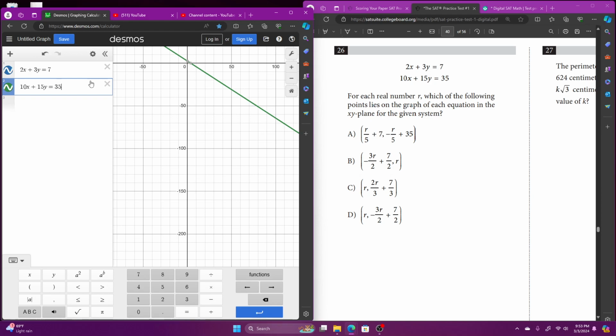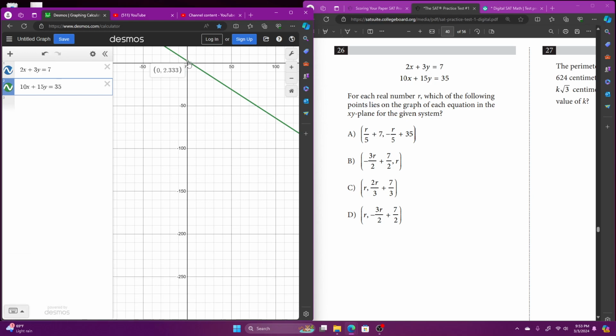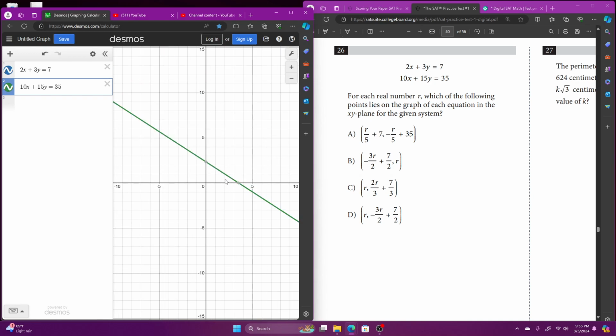And let's say that I want to look at these ones where we have the r by itself. When y is 1 here for the first one, x is 2.